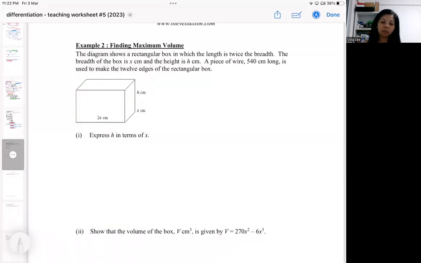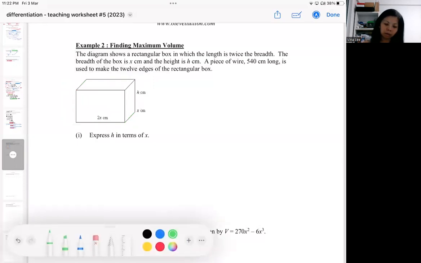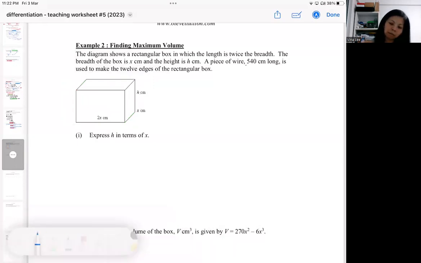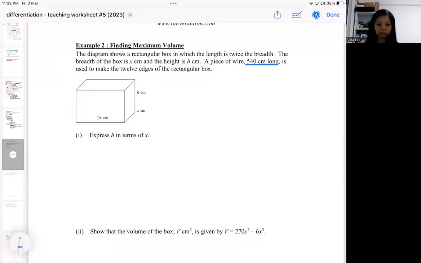The 12 edges came from a piece of wire that is 540 centimeters long. With the current information, you are supposed to express H in terms of X. At this point, all you know is the 12 edges.